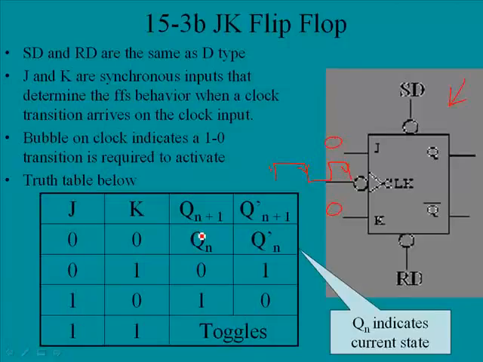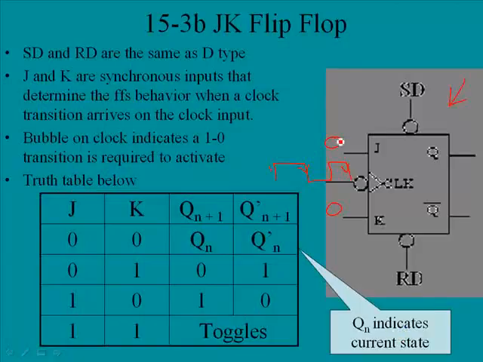You'll notice our outputs, again, we have the Q n plus 1, which we had talked about earlier, which indicates the state after one clock pulse. But here, on this state of 0 and 0, we have this Qn, and there's no clock pulse present.